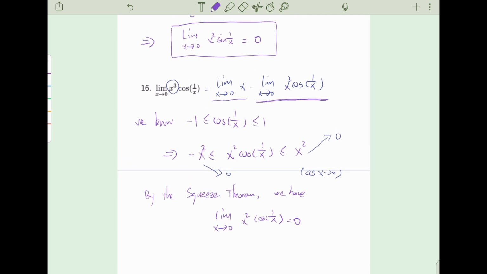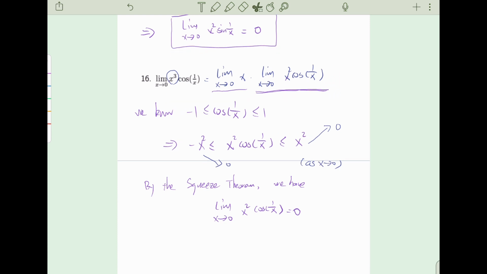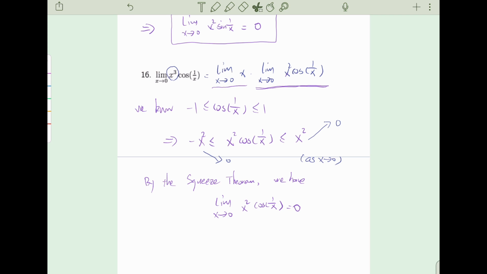So now we know that the second limit goes to 0, and because the first limit is also going to 0, right? So we have the limit as x goes to 0 of x cubed cos 1 over x.